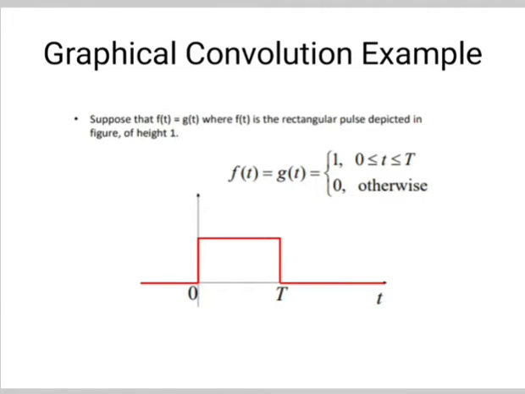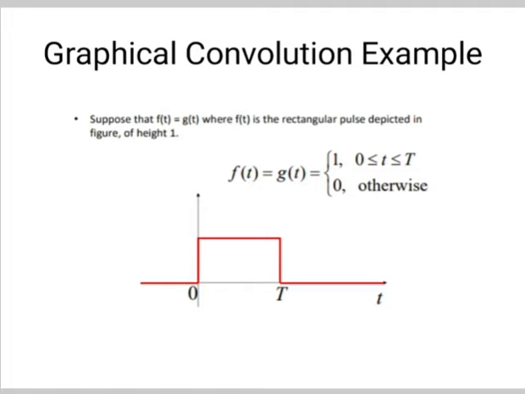Now, any arbitrary input sequence x[n] can be expressed as a linear combination of delayed and advanced unit sample sequences in the form x[n] = summation of k from minus infinity to infinity x[k] delta[n-k].